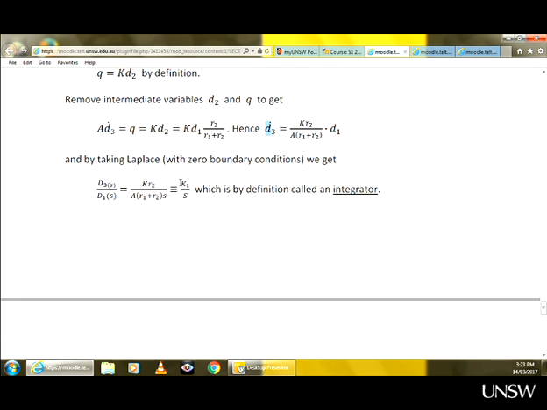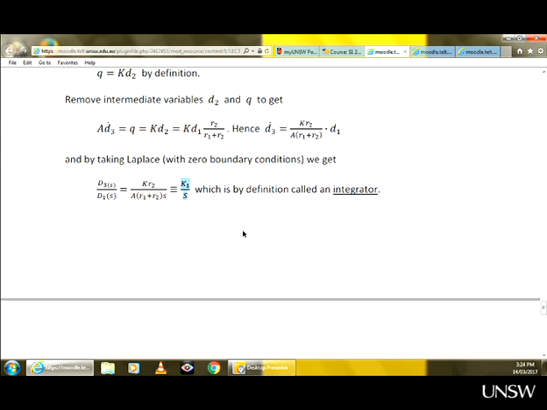We can rewrite this as K1 over S. And we say here, so this is an integrator. Why is this an integrator? Because 1 over S means integration. S means differentiation, 1 over S means integration. Remember Laplace transform. There's just a scaling factor K1, but it is still an integrator.